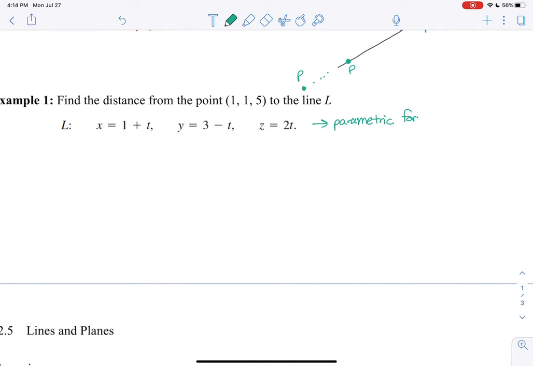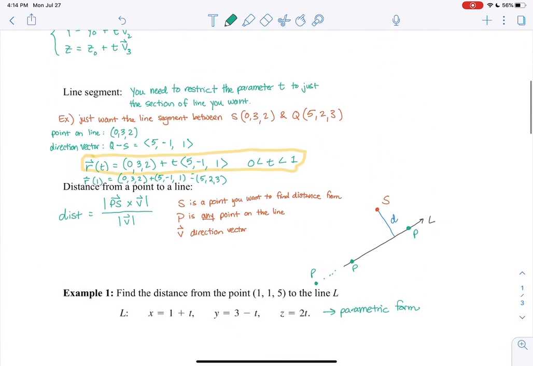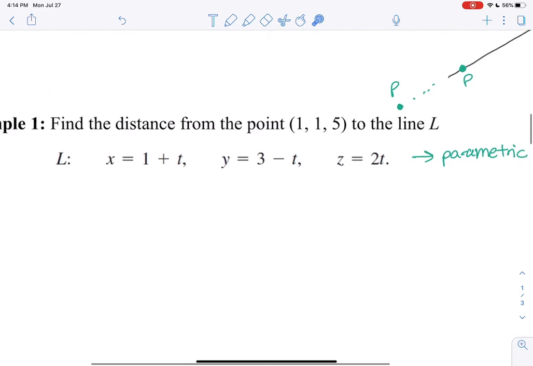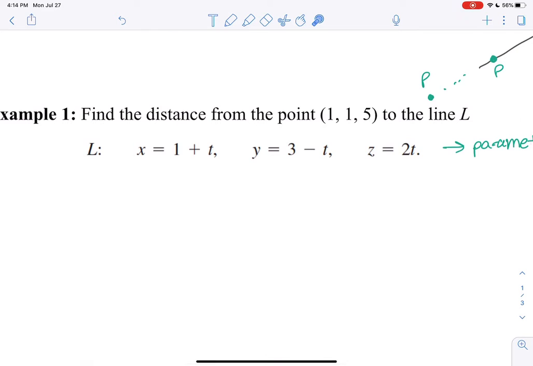Right, and we know from the parametric form of a line that the components of your direction vector are the coefficients of the parameter t. So we can reconstruct a point on the line, this (1, 3, 0) in this case.